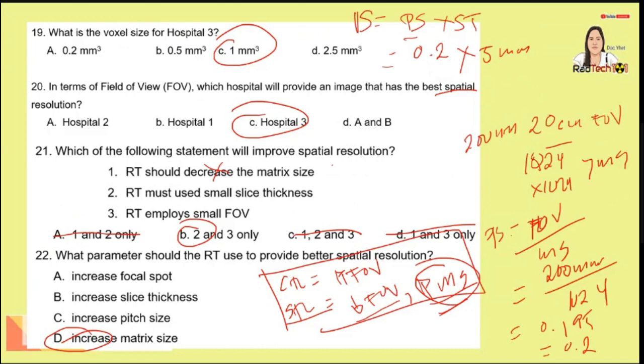So matrix size and pixel size are inversely proportional. So if you want a better spatial resolution, the pixel size should also be decreased.